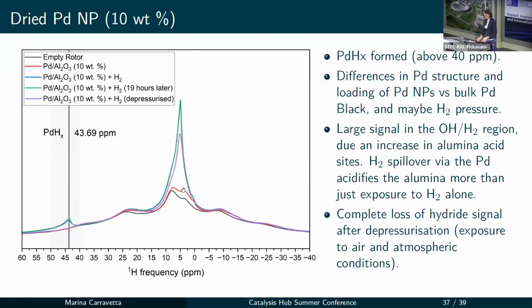Okay, I have a question for you. Thank you, Marina. Excellent talk. Again, it demonstrates the applicability and the strength of NMR for catalysis. You have shown the cross coupling.